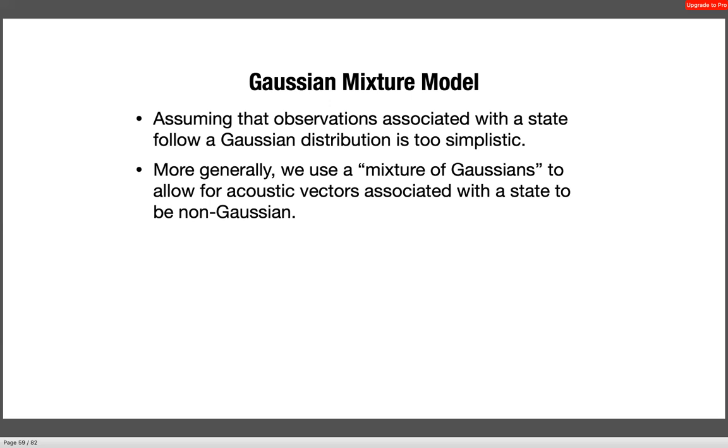And this is much more powerful. Let's consider a simple example, the univariate case, so you can visualize this. Say that you have one univariate Gaussian, which looks like this. And then say you have a second univariate Gaussian, which looks like that. Then a mixture of these two Gaussian components would look something like this.